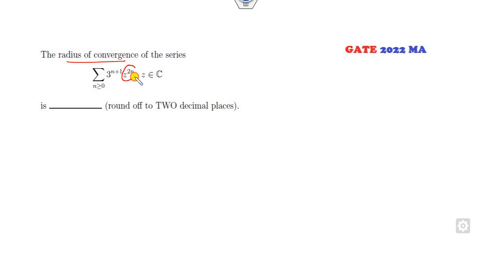Okay, the radius of convergence of this one. Now you can see it's 2 raised to power n, so my radius of convergence will be 1 over 2. Fine. And here is the root rule. Since it is 3 raised to power n plus 1, I can write it in this manner.